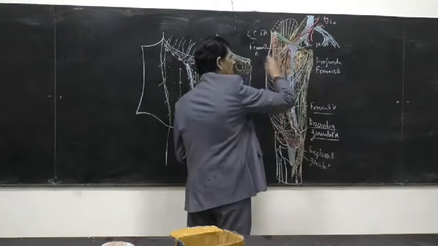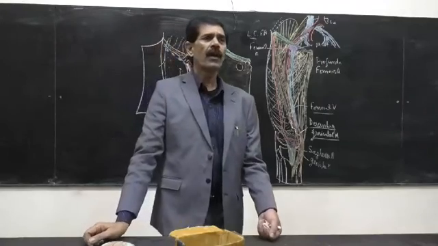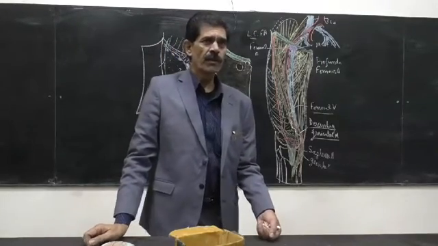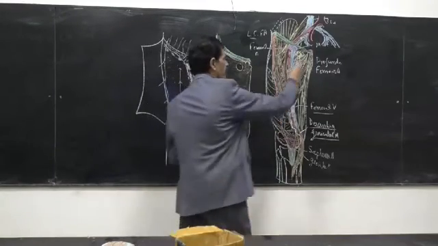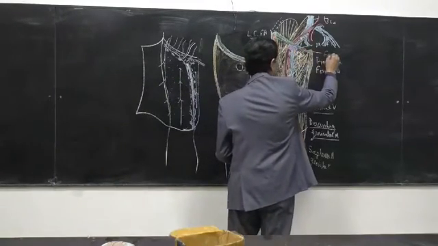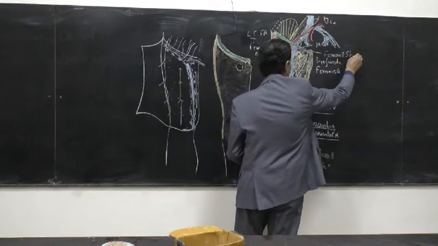So a sheath is covering the upper 3 centimeter of the femoral artery and femoral vein. This covering is called the femoral sheath.